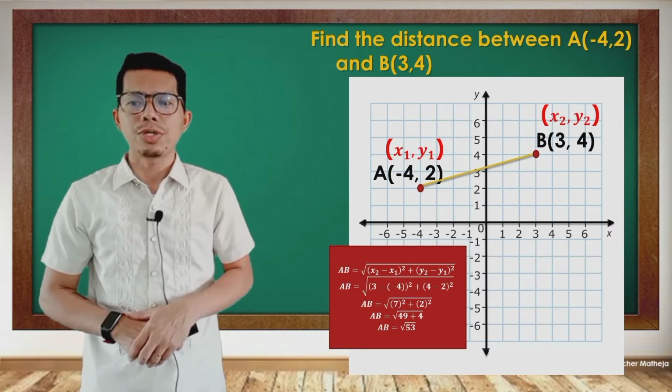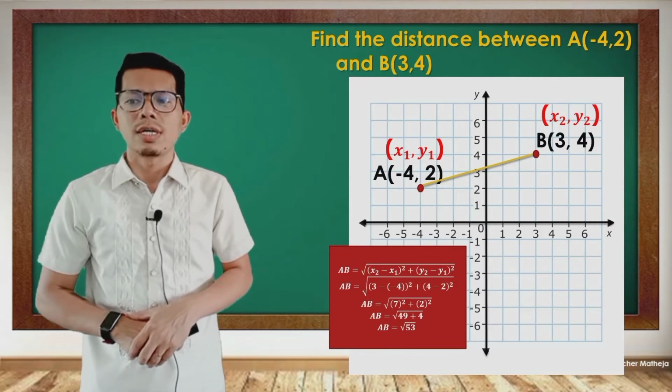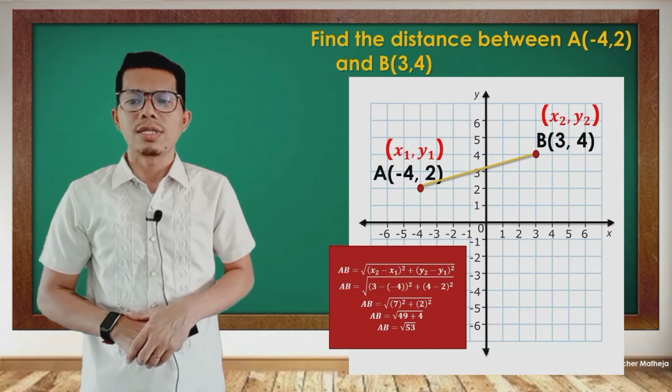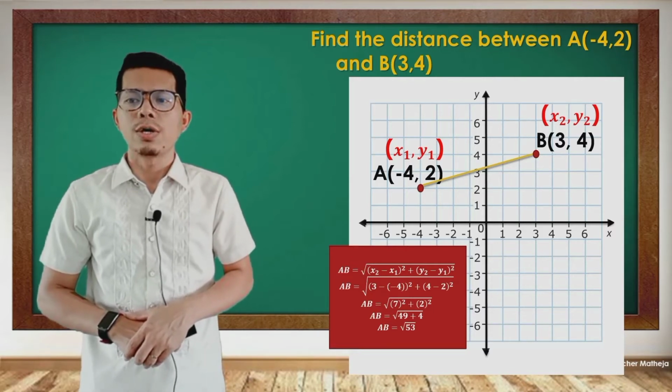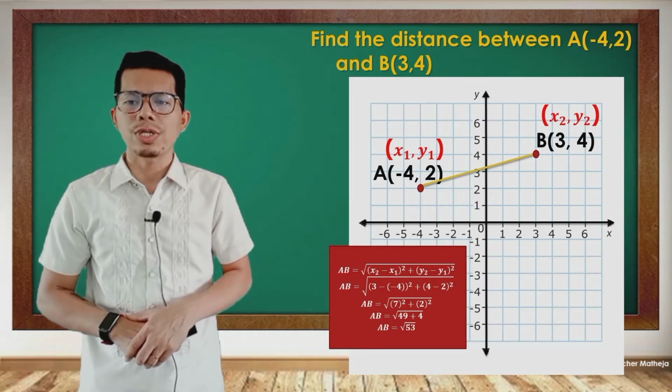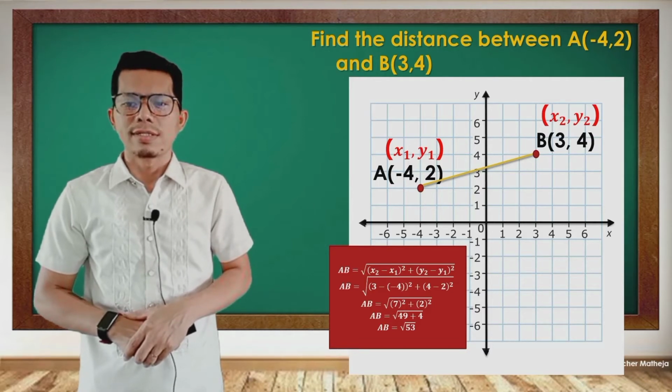We substitute: x sub 2 is 3 minus x sub 1 which is negative 4, so 3 minus negative 4. And then y sub 2 is 4 minus 2, which is the value of y sub 1.